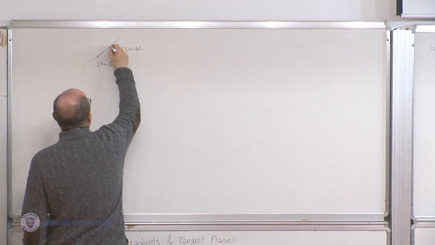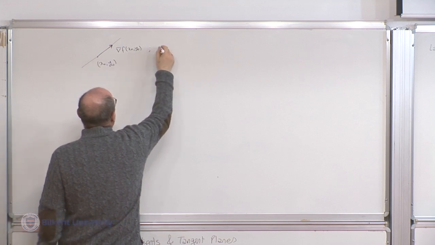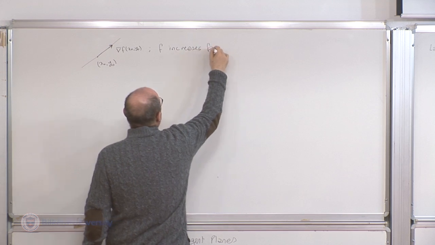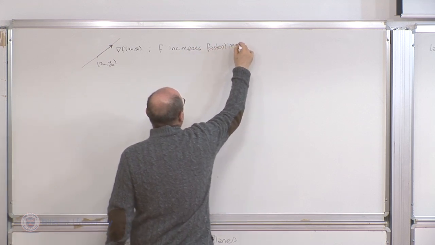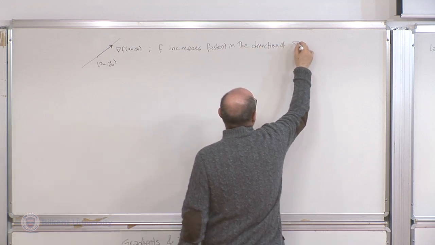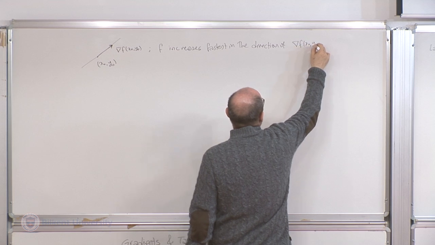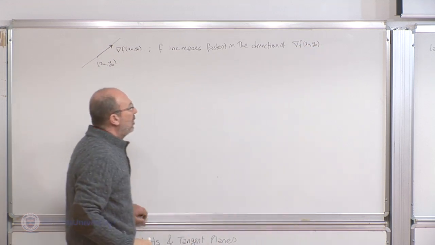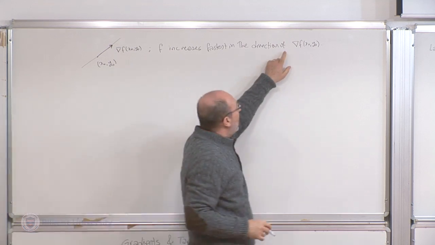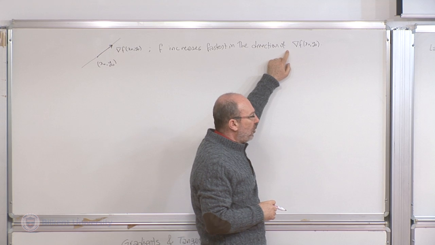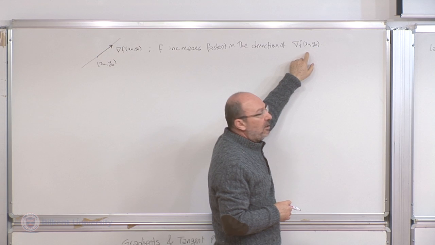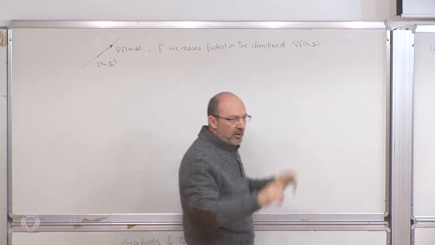Let me emphasize this arrow. f increases fastest in the direction of the gradient of f at x sub 0, y sub 0. Again, by abuse of language, what we mean, if you want to be absolutely pedantic, is that the direction is the gradient divided by the length of this vector. But we understand that.